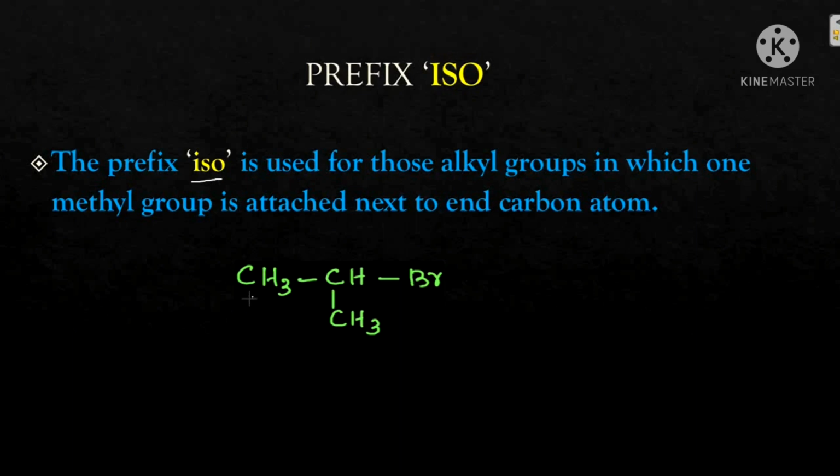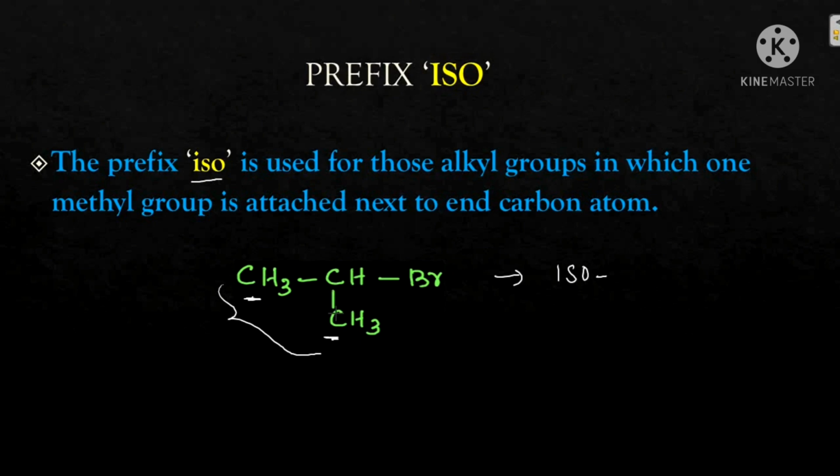This is the end carbon, and next to it we have another methyl group. So if we see a methyl group next to the end carbon, we can make use of the prefix iso. So how to name this compound? Iso, hyphen, how many carbon atoms are here, students?